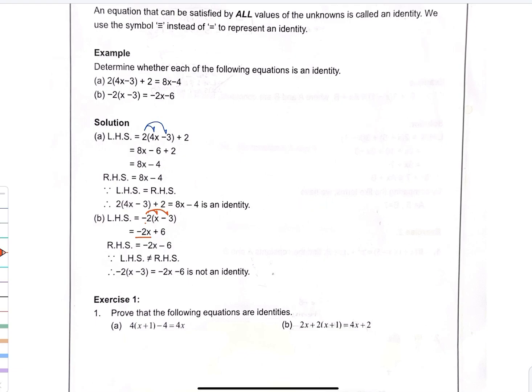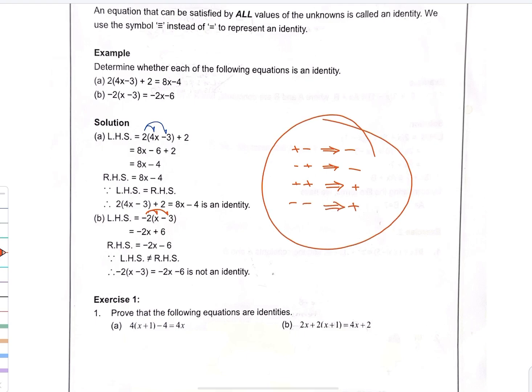Do you still remember, negative times negative becomes positive, negative times positive becomes negative. But if it's positive times positive, it stays positive. And if it's negative times negative, it becomes positive. Hopefully you still remember these things. So if the signs are the same, it becomes positive. Same goes here. Negative times negative becomes positive. So that's why it will be +6.